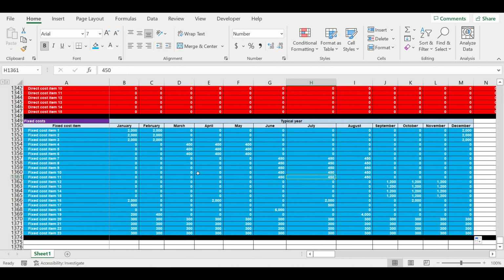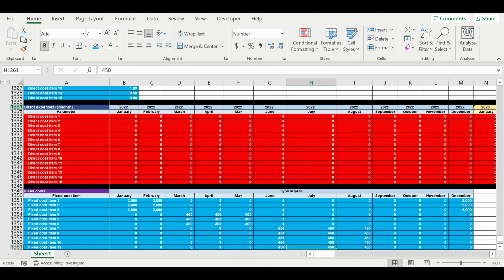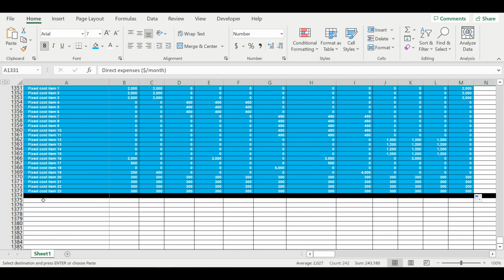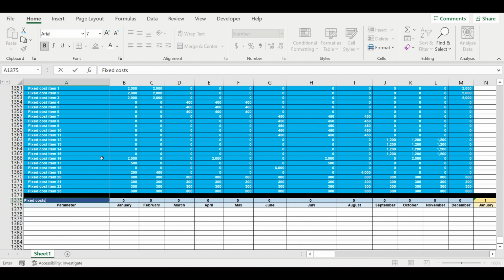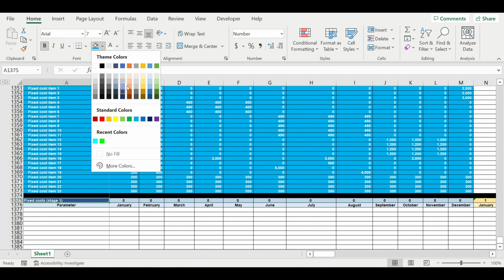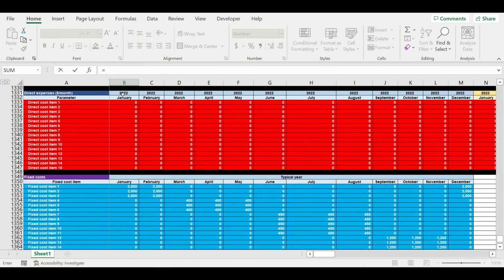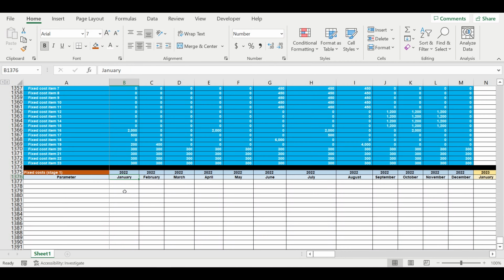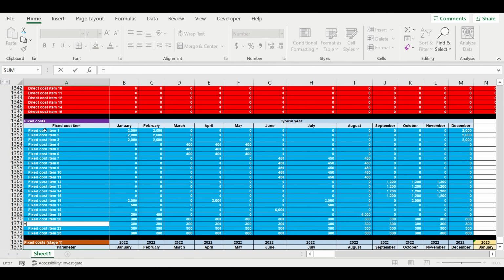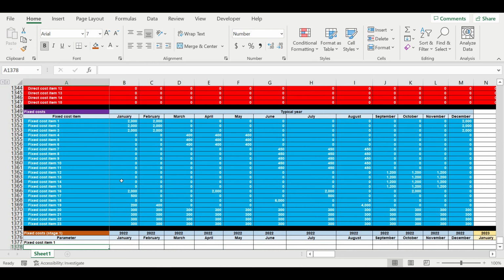So what we're doing next, now we have to put all these expenses inside the timeline. So we will create a table for that. Fixed costs, stage 1. This will be some preliminary stage. Here I will place all the items.